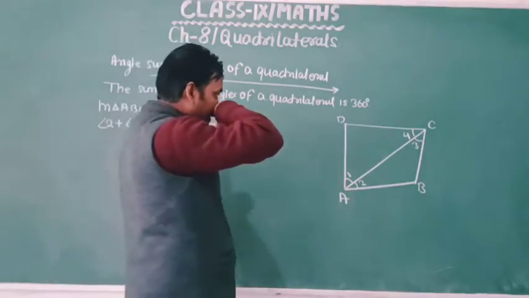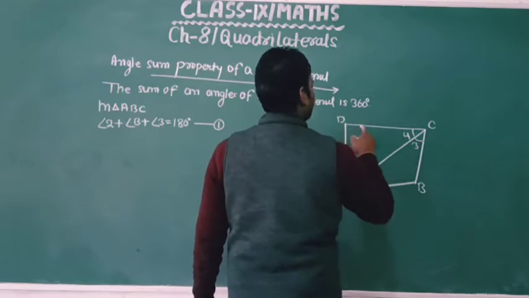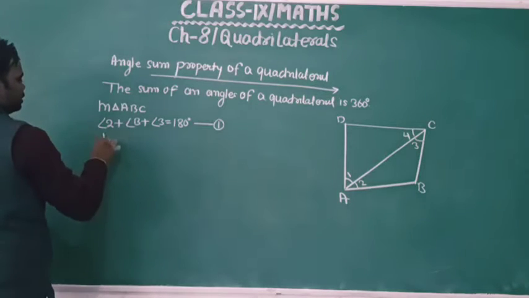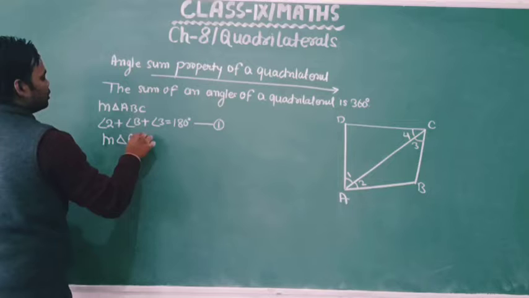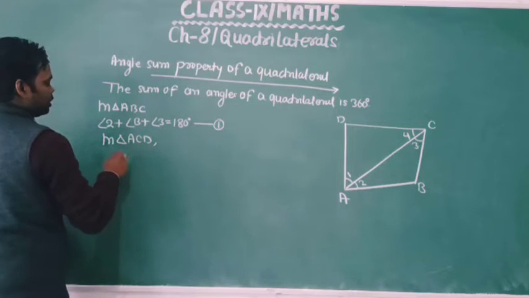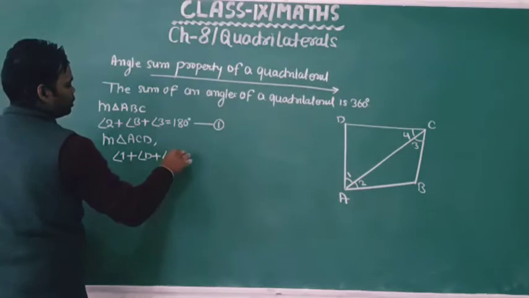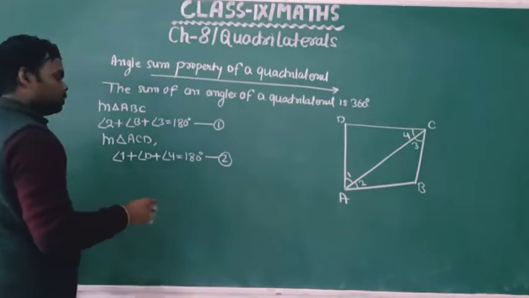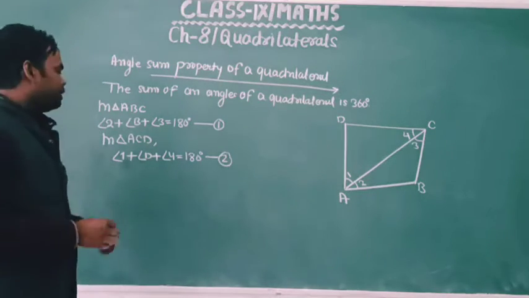And similarly, in triangle ACD, the sum of angle 1 plus angle D plus angle 4 equals 180 degrees, because as you know, the sum of the angles of a triangle is 180 degrees.